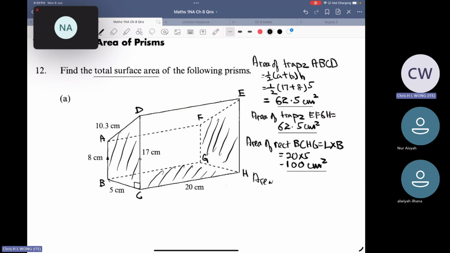Area of rectangle ADEF is equals to, give me a dimension, please. 20 times 10.3. Very good. 20 times 10.3 will give me 206, right? 206 cm square. Underline, I need it. So this one done. Behind, done.